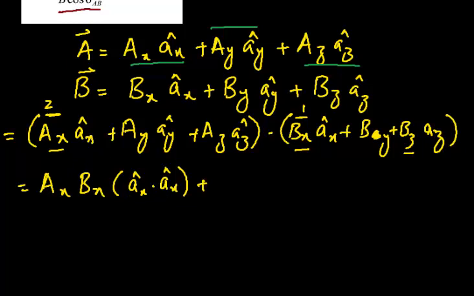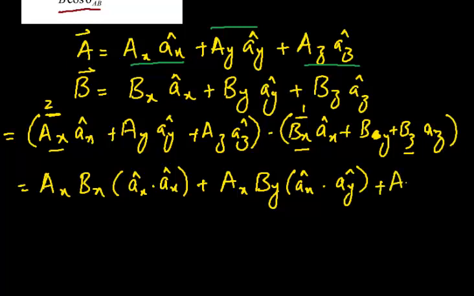So let's go further on: AX has to go with the BY, and the unit vectors AX dot AY. Then AX goes with the BZ, and this is AX dot AZ.